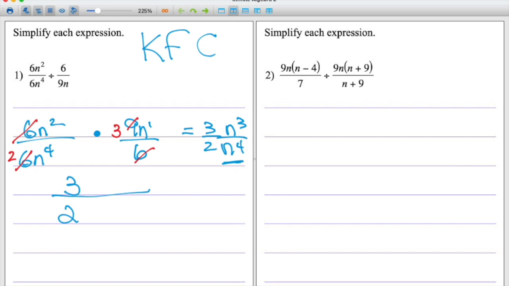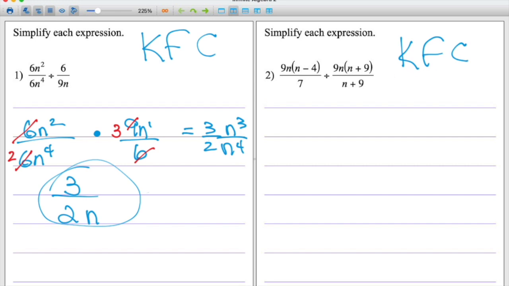And since there's more on the bottom, I will have leftovers, and I'll have 1 n on the bottom, which makes 3 over 2n. Let's do the next one, and it gets a little bit bigger as we go along. I'm going to do the keep, flip, and change again.